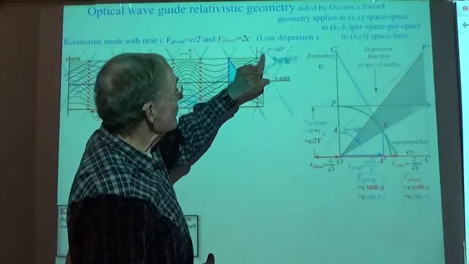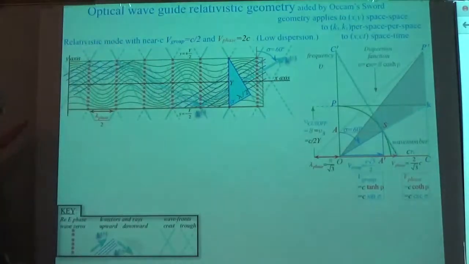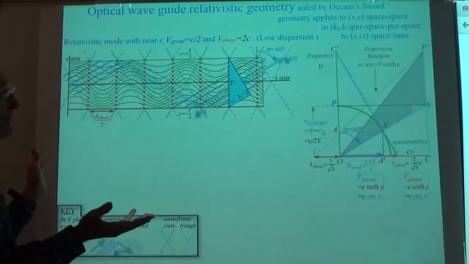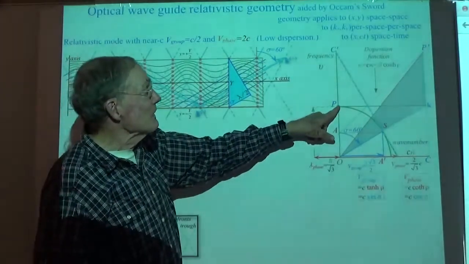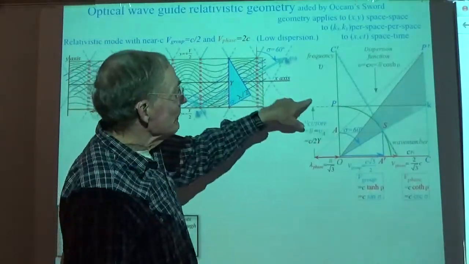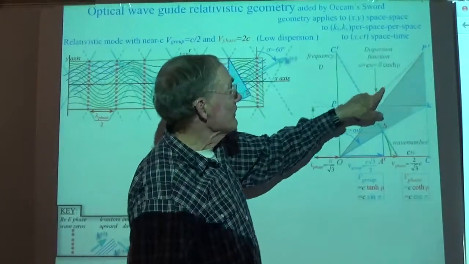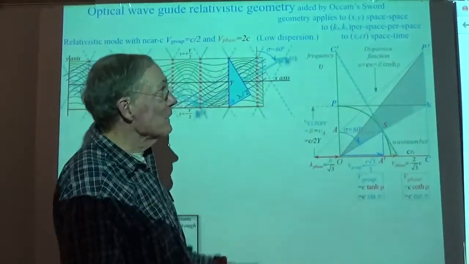This is sigma right here, sigma equals 60. So I'm coming at a pretty steep angle. And as you lower your frequency, you keep having to reduce that until finally you reach cutoff. Cutoff is the frequency that's right there. This is the hyperbola that represents the dispersion function for the waveguide.